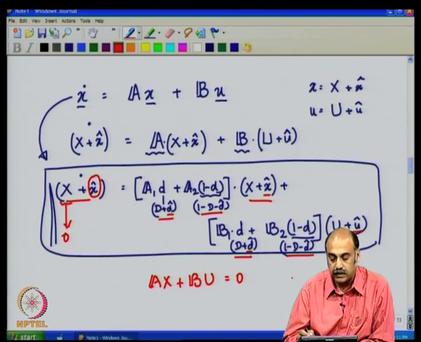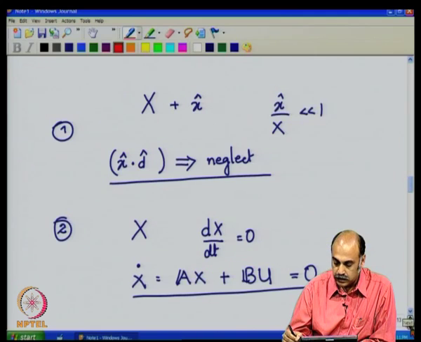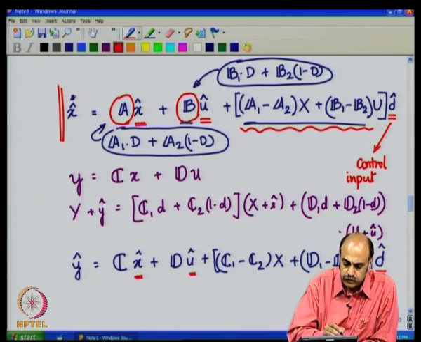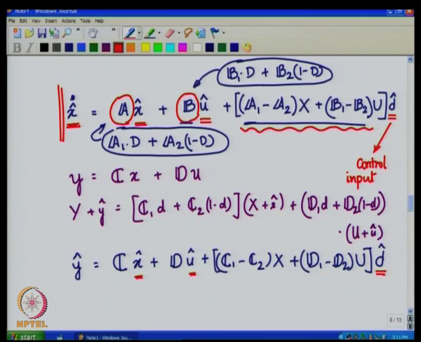Then on equating them, you will land up with an equation which is like this. This is just having the small signal deviation. You have A x hat, where A and B are weighted with respect to the duty ratios which are steady state values.